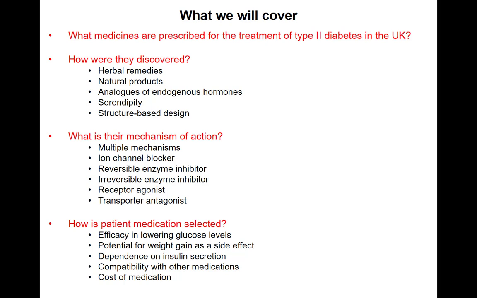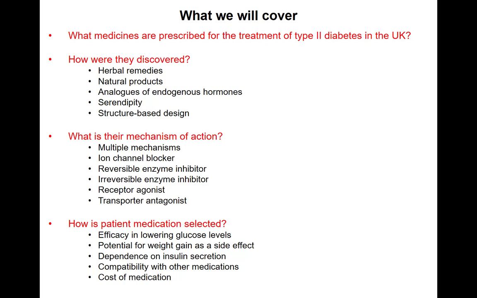But there are also drugs that we will go through that have one single target to which they bind with high affinity, and you'll see examples of diabetes drugs that work by binding to an ion channel. You'll also see examples of drugs that work by binding to an enzyme and inhibiting their activity. And in this context, we'll see both reversible and irreversible enzyme inhibitors. And then there are compounds that we will see that bind to receptors and also compounds that affect the biological activity of transporters too.